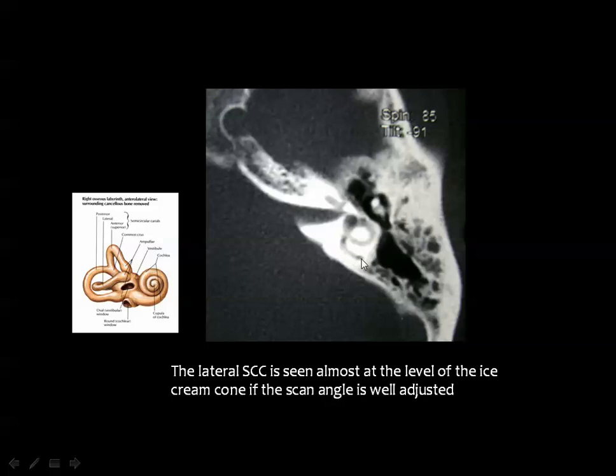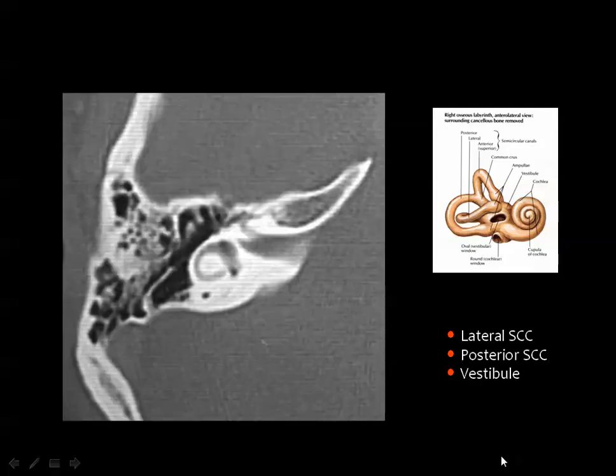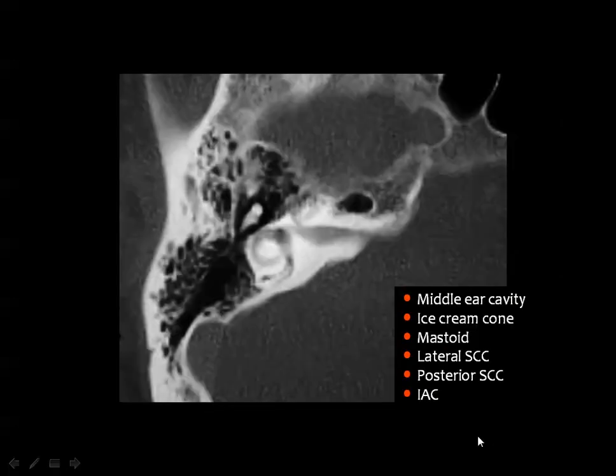You cannot see the whole course of the posterior semicircular canal because it does not lie in the plane of the section. Then if you look here, and we can magnify this, this is the lateral semicircular canal, our anatomic landmark, and this is the vestibule. These two dots represent part of the posterior semicircular canal.